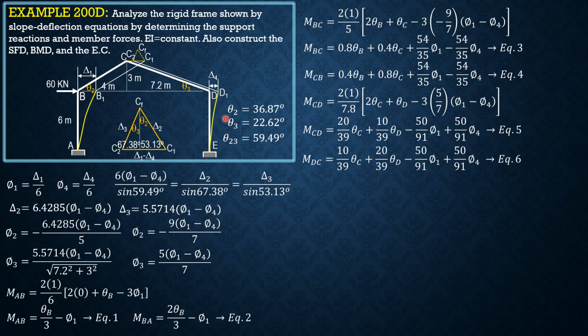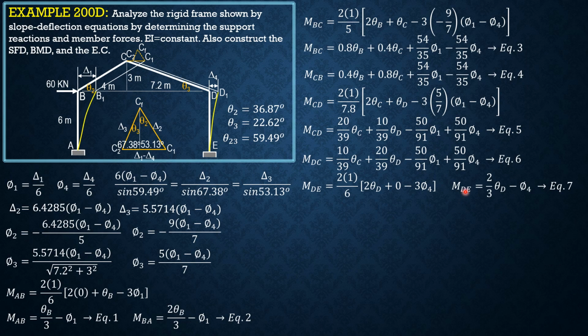Then MDE is 2 times 1 over 6, quantity 2 theta D plus 0 minus 3 times P sub 4. So simplifying, MDE equals 2/3 of theta D minus P sub 4.